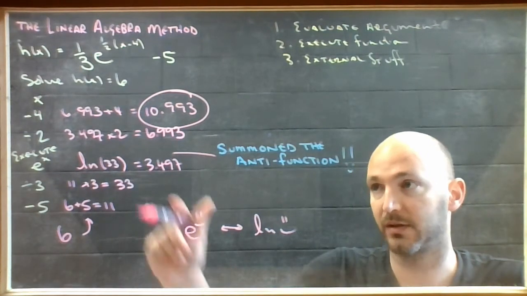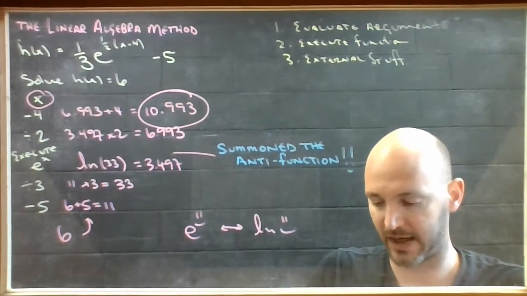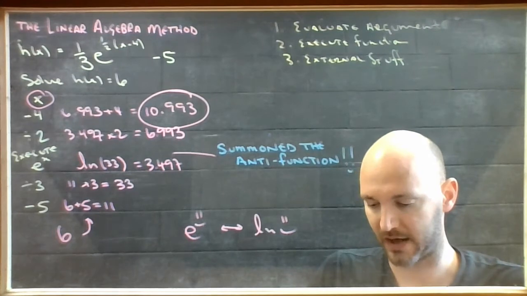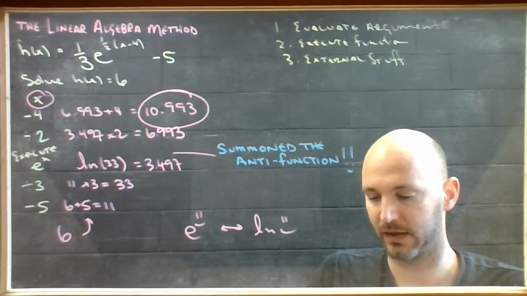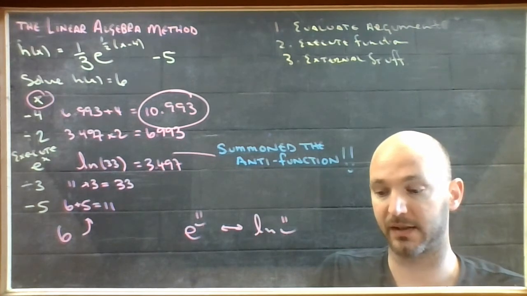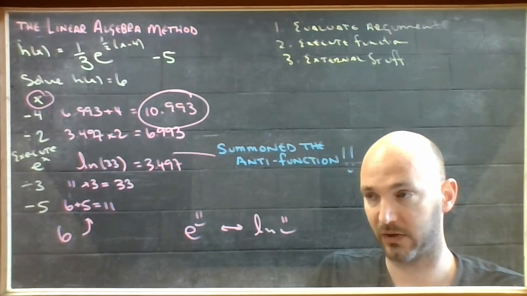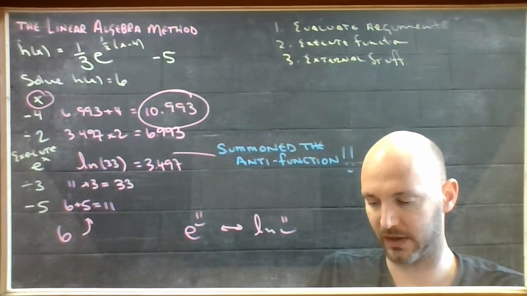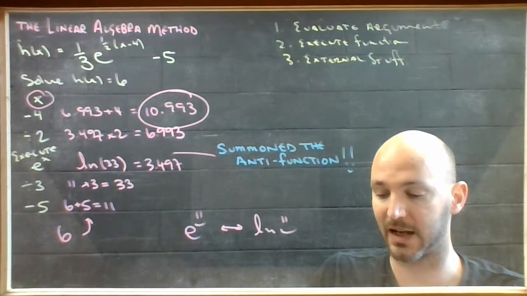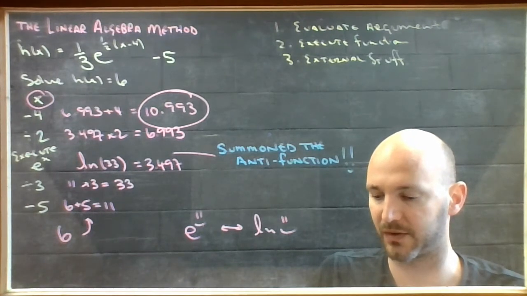So starting here with my 10.993, going to subtract 4, gives me 6.993, divided by 2, gives me 3.4965, execute e to the x, so e to that exponent gives me 32.9997, which I bet is supposed to be 33.